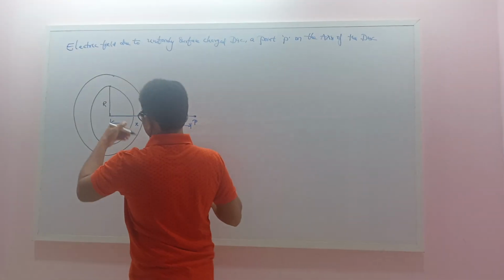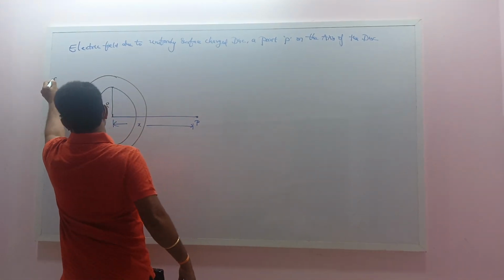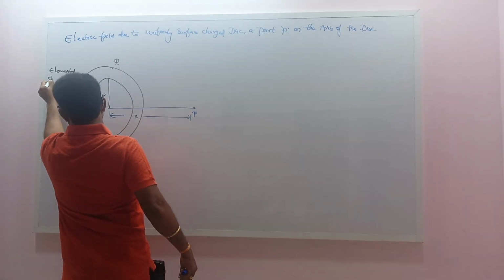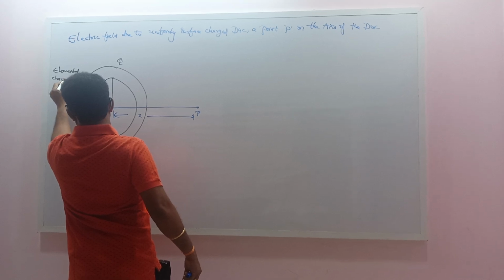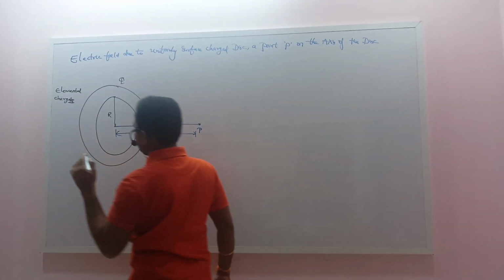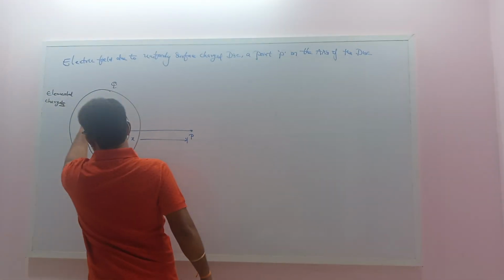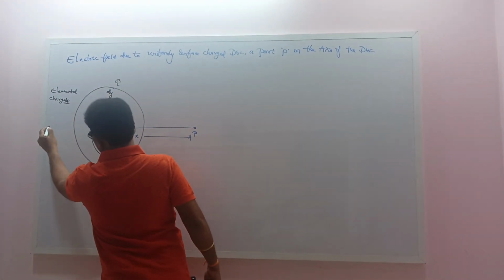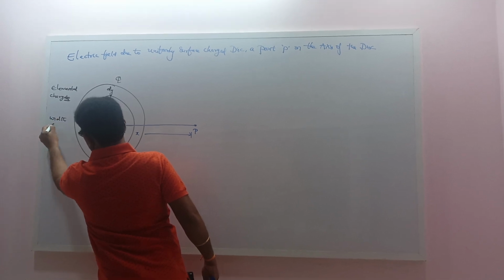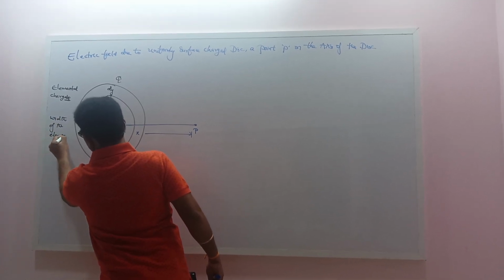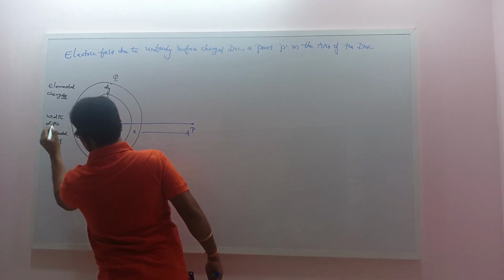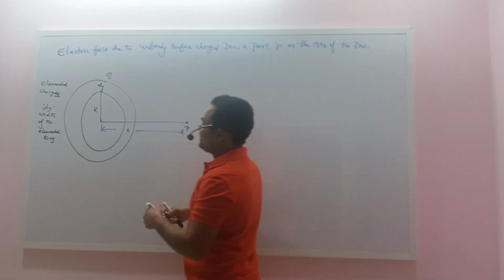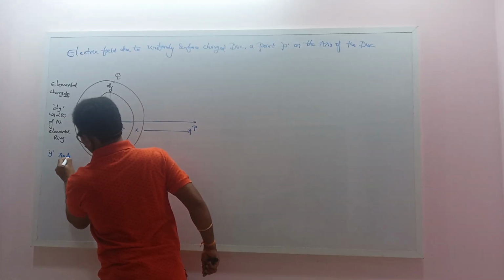Now this is the disk, right? The disk has total charge Q, and an elemental charge dq. dy is the width of the elemental ring, and y is the radius of the elemental ring.